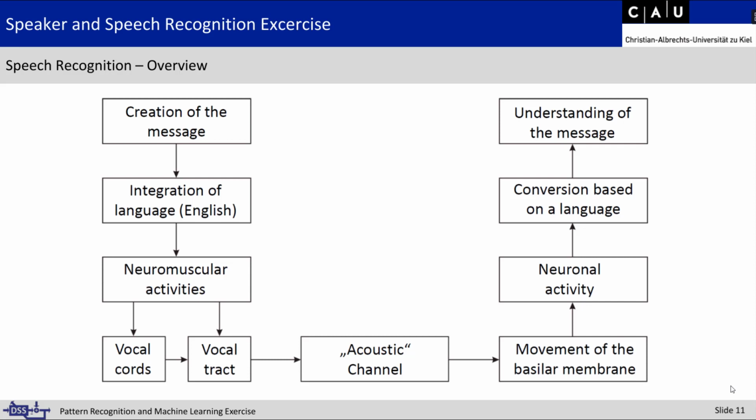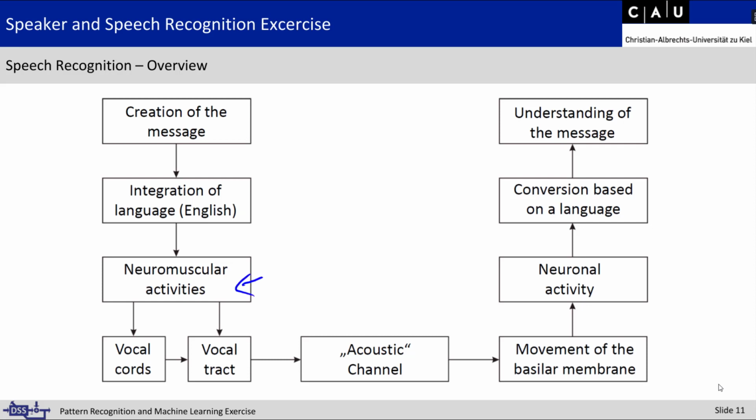So the first part is that we create the message. This might be a thought in our head. Afterwards we create the words in our head, so we know what we want to say. And then we go to the physical part of it, where we actually move our muscles.